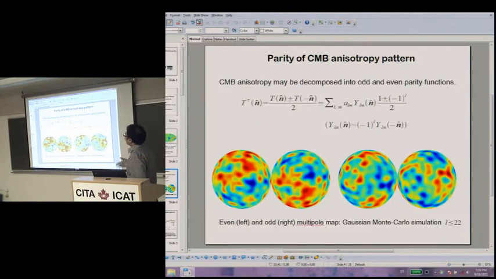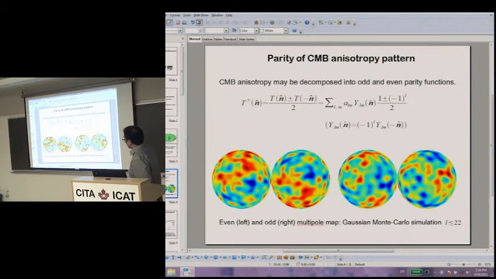So here, when you have a general function, you can construct the symmetric and antisymmetric parts under parity inversion. It's just like constructing the symmetric and antisymmetric parts of a matrix, and these are purely mathematical. But because of the parity of spherical harmonics, you can easily show the symmetric part contains only even multipoles, and the antisymmetric part contains only odd multipoles.